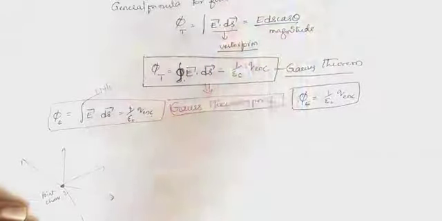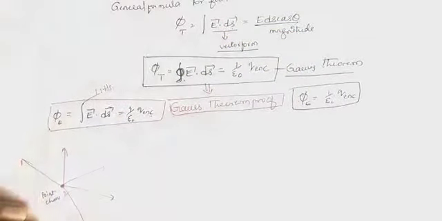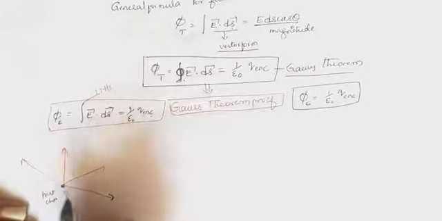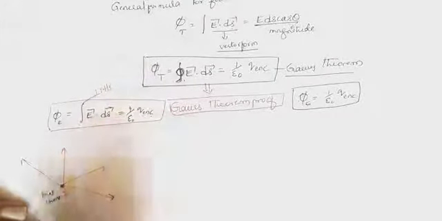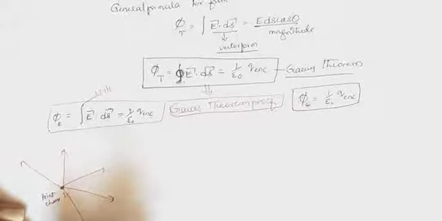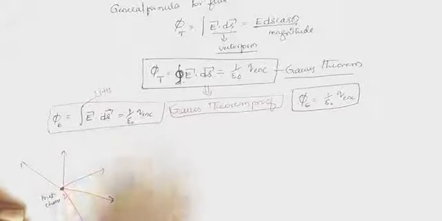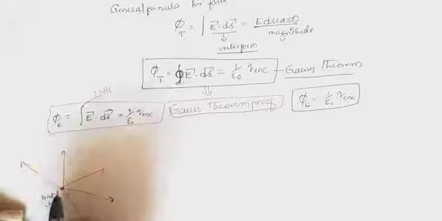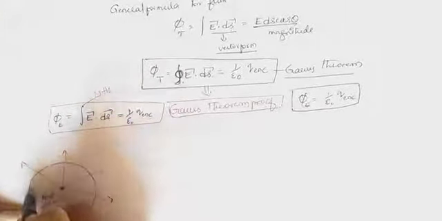For a point charge, the convenient closed surface is a sphere. This is my closed surface.